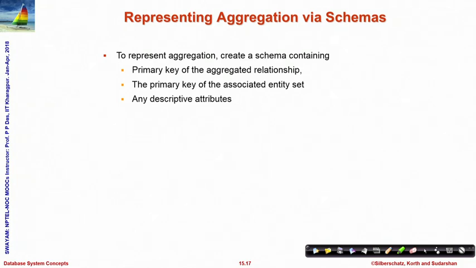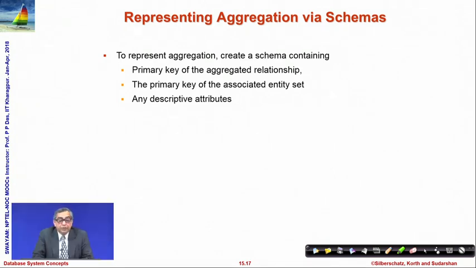So, how do we represent this in terms of the schema? We represent the aggregation by creating a schema containing the primary key of the aggregated relationship, the primary key of the associated entity set, and all the other descriptive attributes, and put them together.